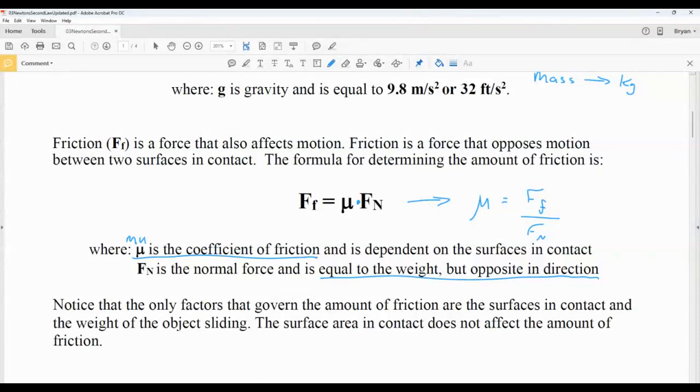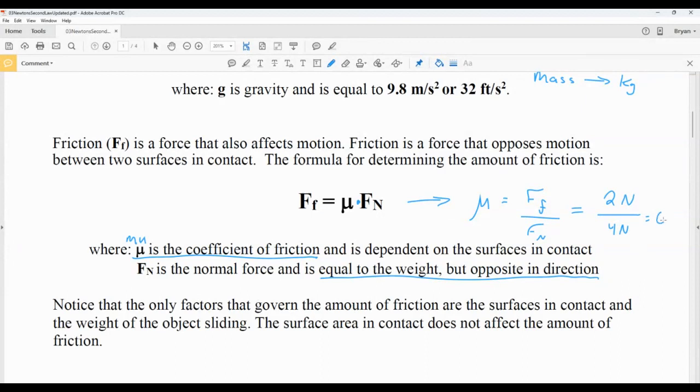So, you can use money sometimes as an analogy. If I don't tell you how much money I have, but I say I'll be completely broke if I spend, say, $100, then you could work backwards from that and say, oh, well, he must only have $100, something like that. When we find mu, I'm just going to make up a number here. So let's say that we had 2 newtons of friction force and 4 newtons of normal force.